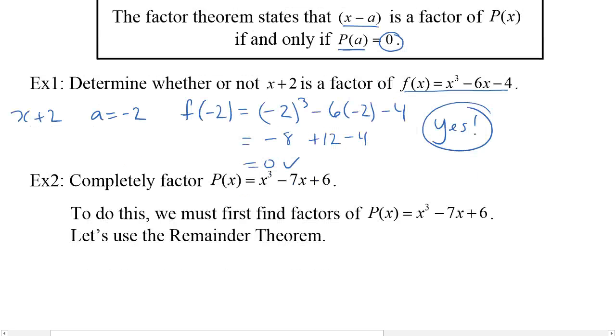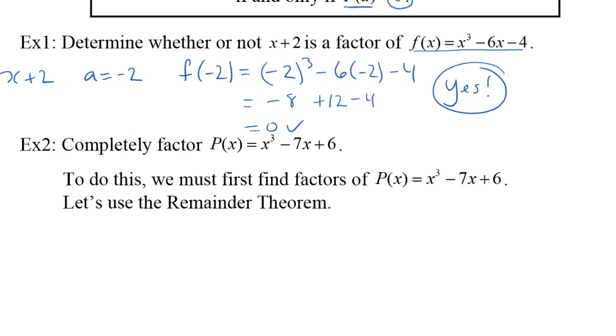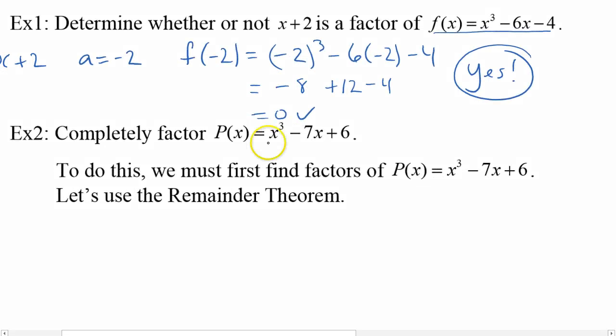Now look at the cool stuff we're going to learn how to do. We're going to learn how to completely factor this x cubed minus 7x plus 6. We're so used to stopping at the quadratic, doing x squared and not going past that. Well, we're going to move beyond that today.